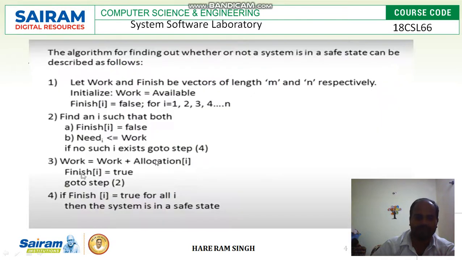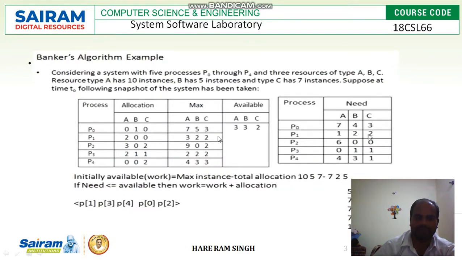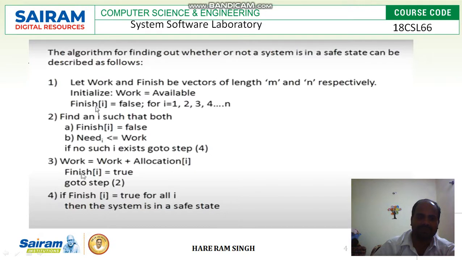This is the algorithm, which you can see here, for finding out whether or not a system is in a safe state. Let work and finish be vectors of length m and n respectively. Initialize work equal to available. Here work will be equal to available, that is 332. Then finish[i] equals false for all the processes.